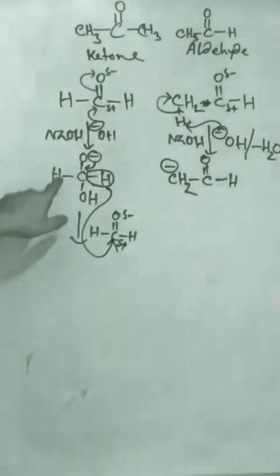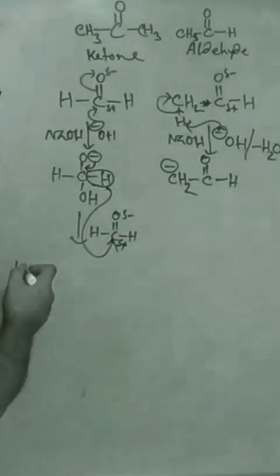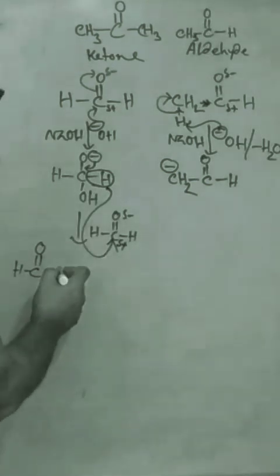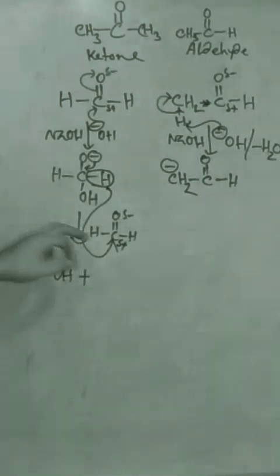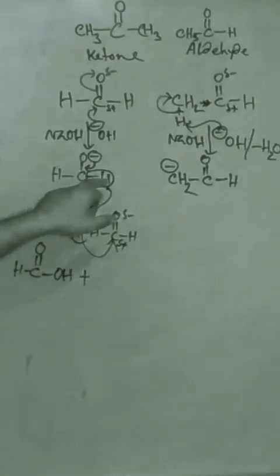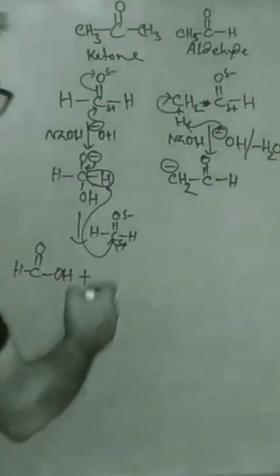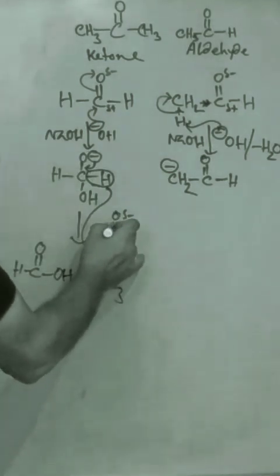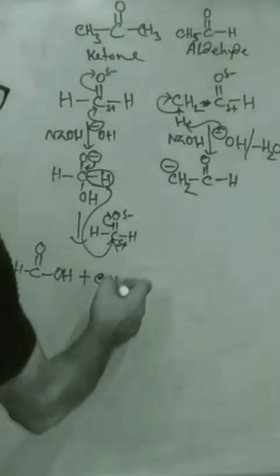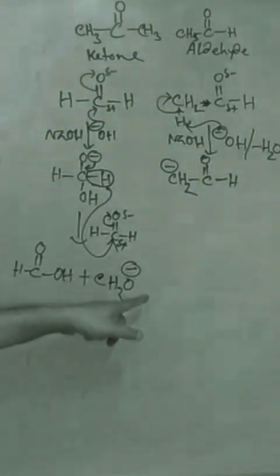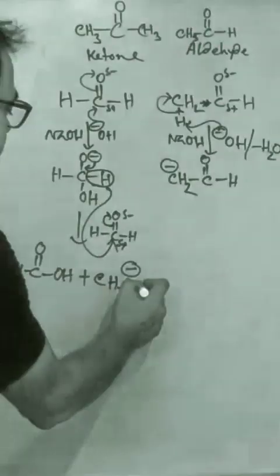So two molecules are formed. Here we can see H, C, double bond O, then OH, that is formic acid, along with CH3, where two hydrogen atoms are present and another hydrogen comes from this molecule. When the hydrogen comes, the pi bond has to be broken, so CH3, then O with a negative charge, and that negative charge will be neutralized by the Na plus in the aqueous solution.